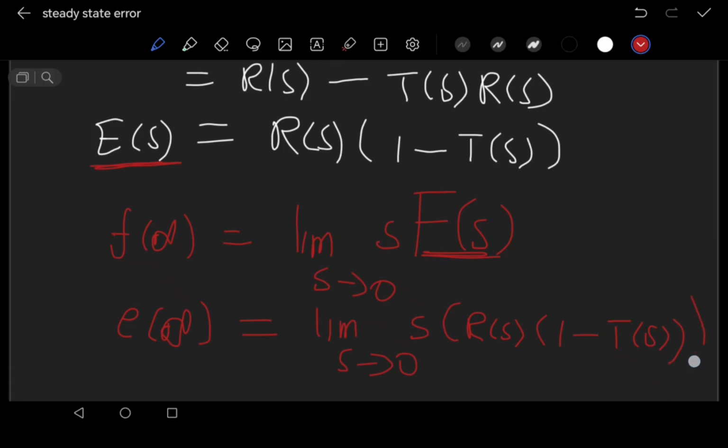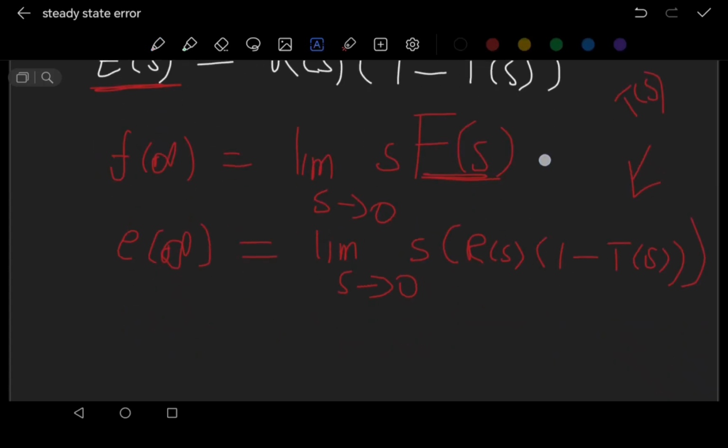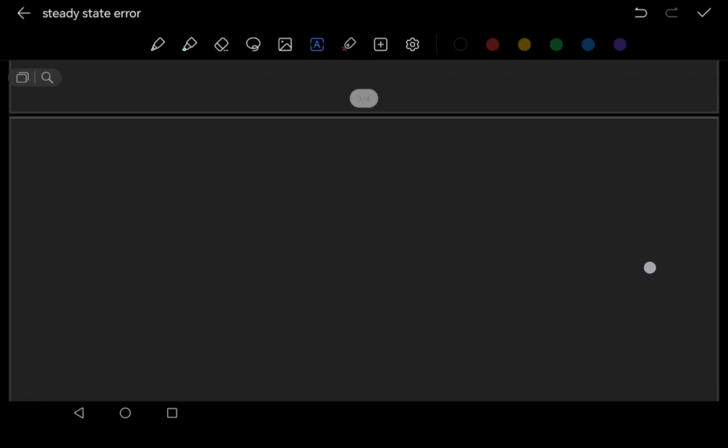That is the formula derived when we are doing steady state error in terms of T(s). Now we can move further with equations, so we can solve the question.